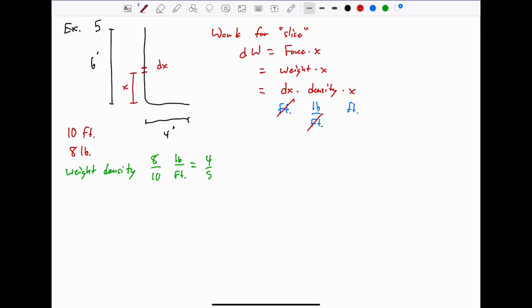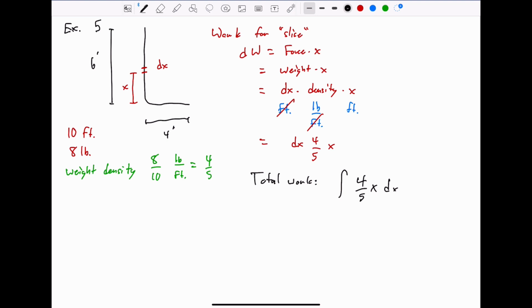So we have dx times the density. Density is 4/5 times x. That's the amount of work for a small slice of this cable. To find the total amount of work, we will integrate. We integrate these representative portions of work. We integrate 4/5 x dx.